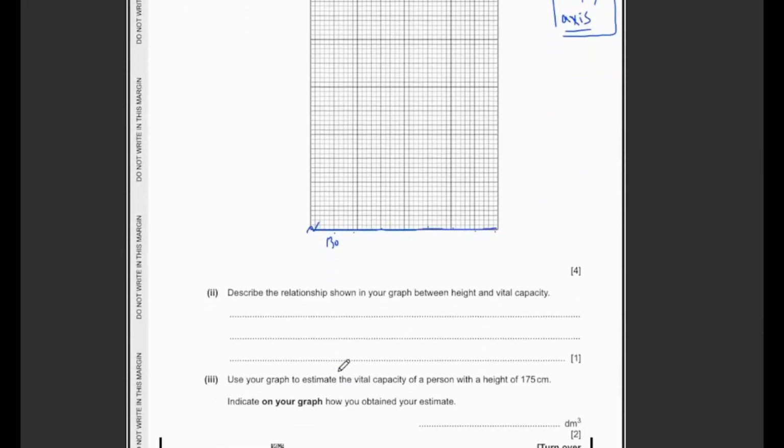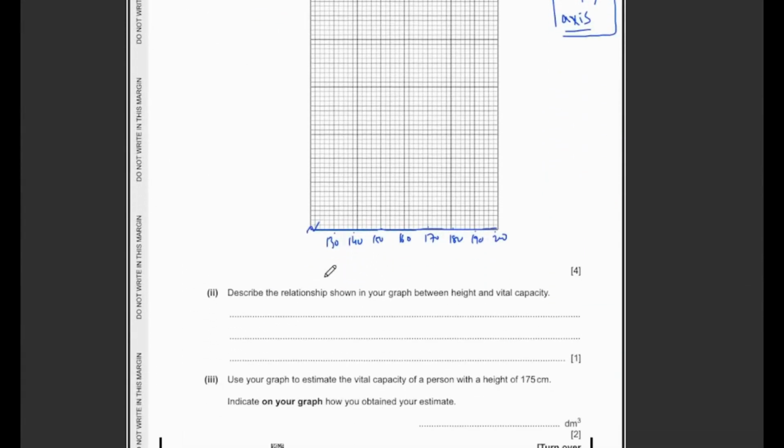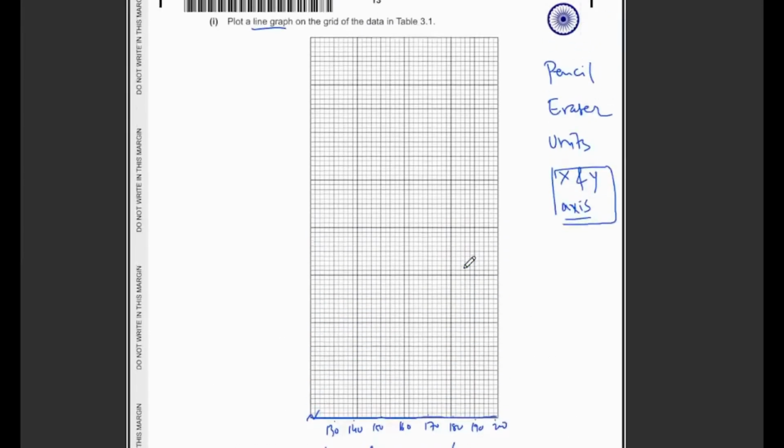Okay, 130. Next one is 140, 150, 160, 170, 180, 190, and then 200. This is height. Okay, what is on the x-axis? Height of a person in cm. So we'll write here height of a person in centimeter.